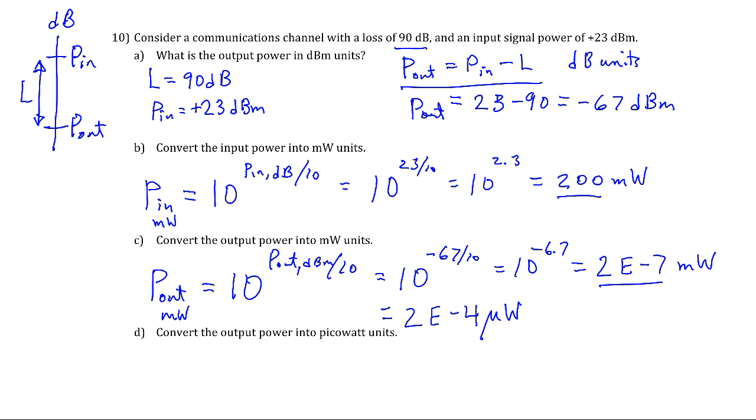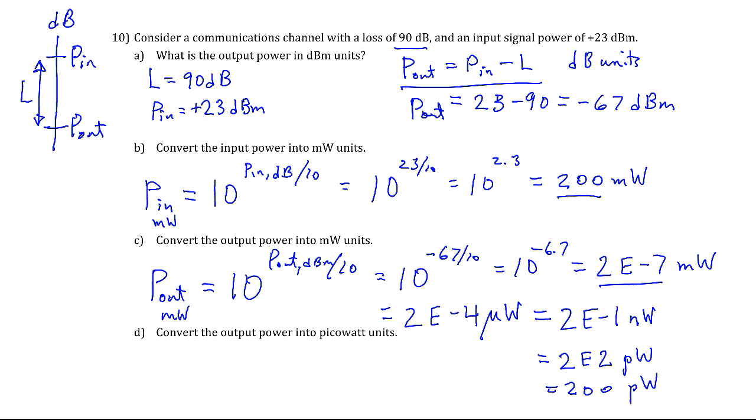And now if I change micro to pico, I add 3 again, and it's 2 times 10 to the minus 1, nanowatts, from micro to nano, and then add 3 again to the exponent to get to pico.